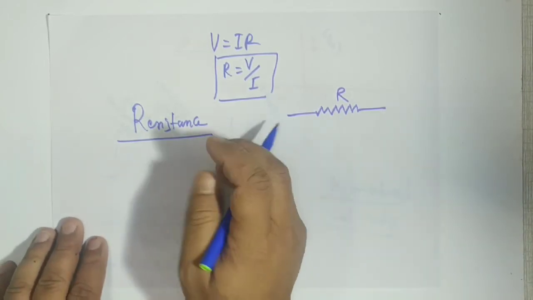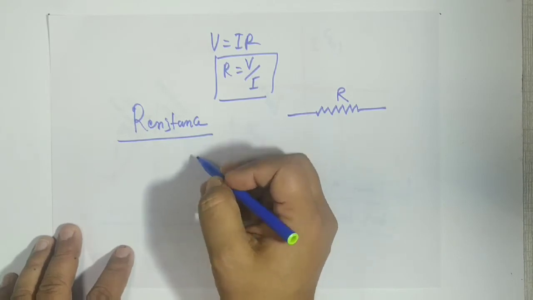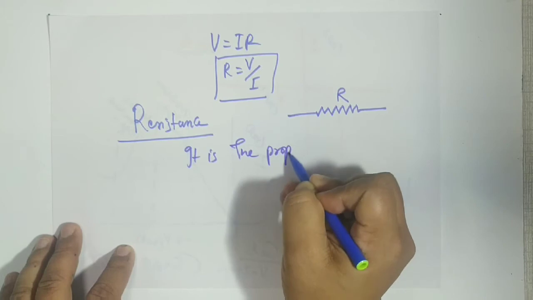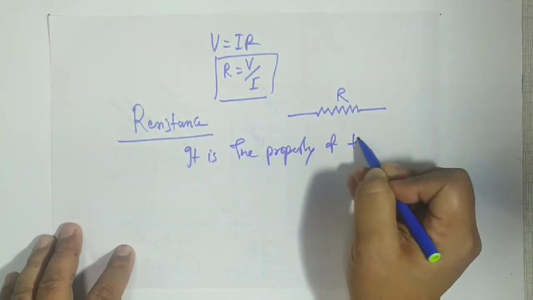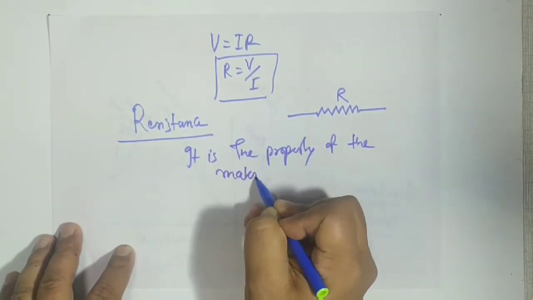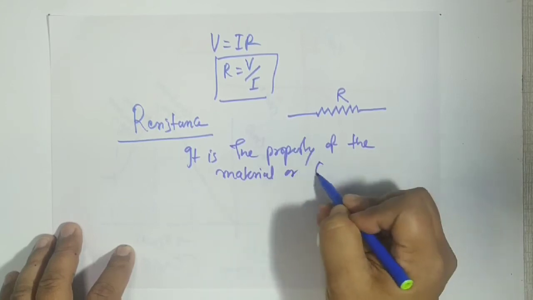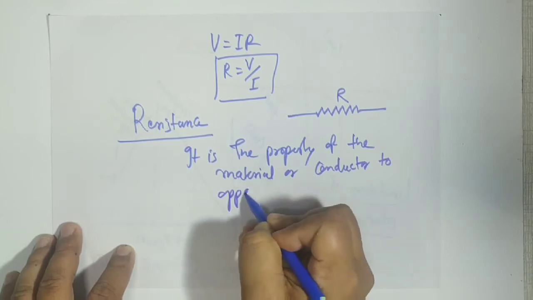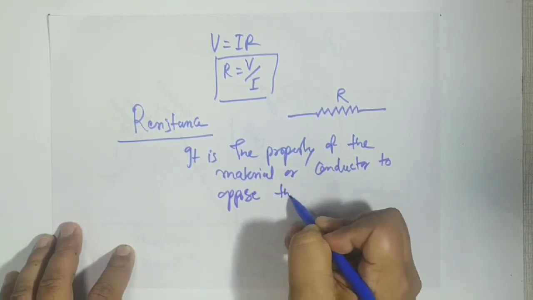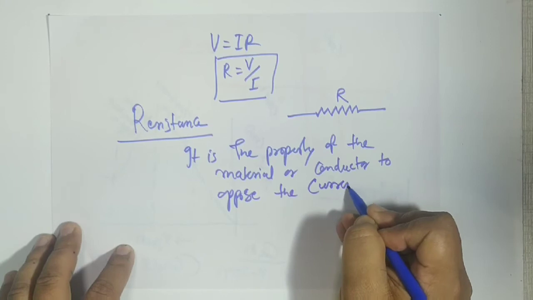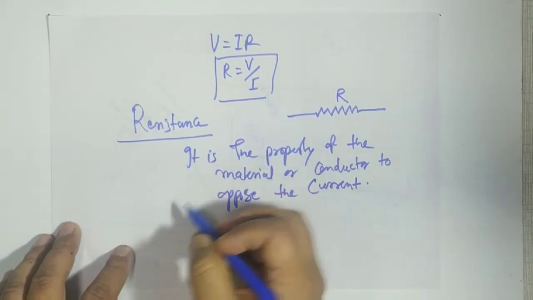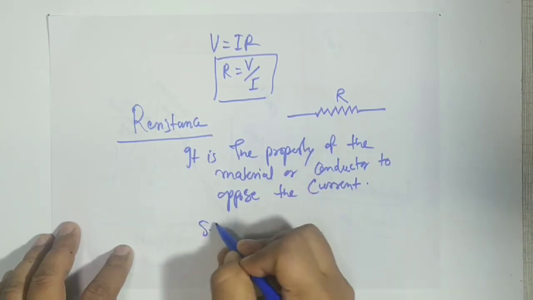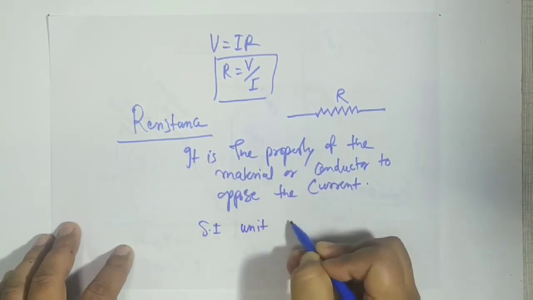If I ask you, you say it is the property of the material or conductor to oppose what? To oppose the current. Now I think all of you know the SI unit of resistance is what? Ohm.